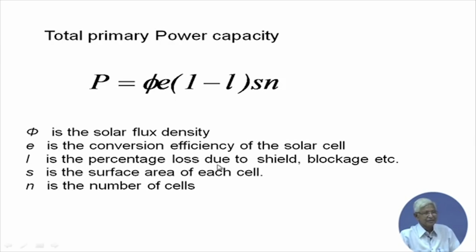The body of the satellite, or an antenna, might be creating a certain shadow. So there is a certain loss, which is small l, and then the surface area of each cell, and of course the number of cells. So when the power requirement and other factors are known, we can calculate how many cells are required for a particular cell surface area S.